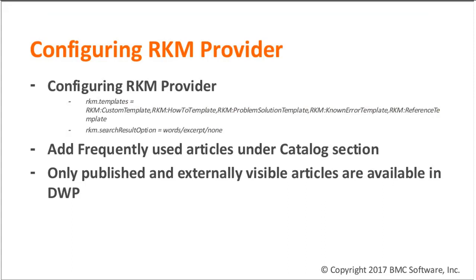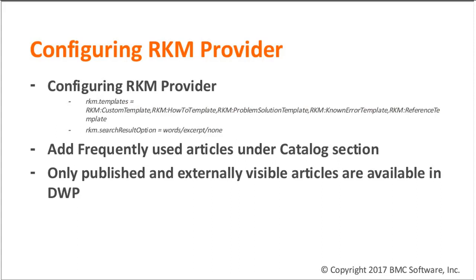Now coming to the configuration part of RKM, there's not too much. It is pretty easy to configure. So we have two providers for RKM configuration. One is the Digital Workplace RKM provider, and the second is the knowledge provider, which is used by both Digital Workplace and Smart IT, which is why we have two providers.